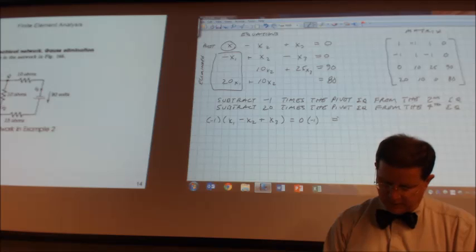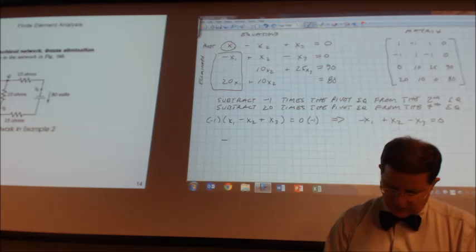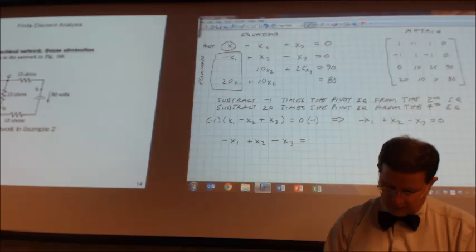So this is going to be -x1 plus x2 minus x3 equals 0. So equation 2 is -x1 plus x2 minus x3 equals 0. Minus our pivot equation, which is now x1 plus x2 minus x3 equals 0.